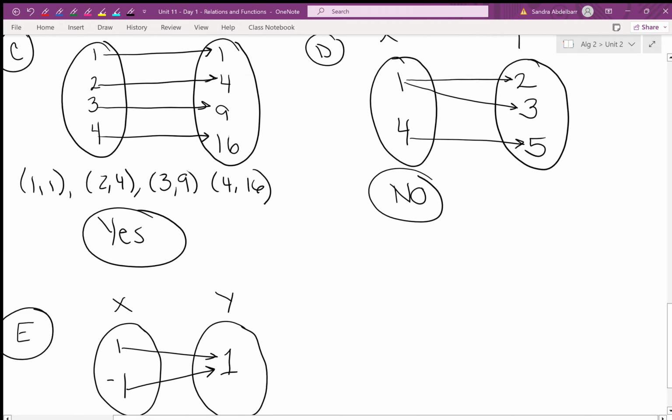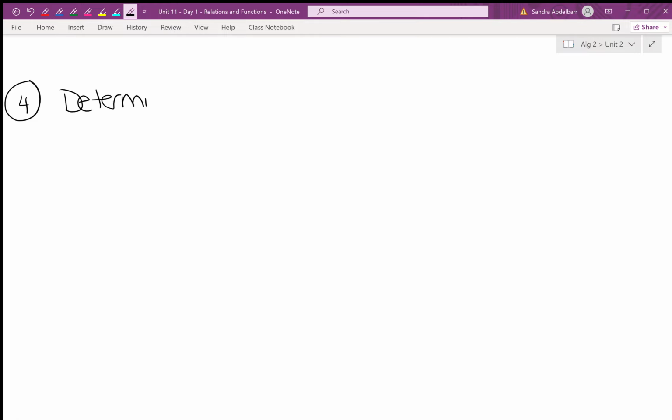All right, so now we're going to get a little bit more into things. I want us to determine the domain, range and if the relation is a function.